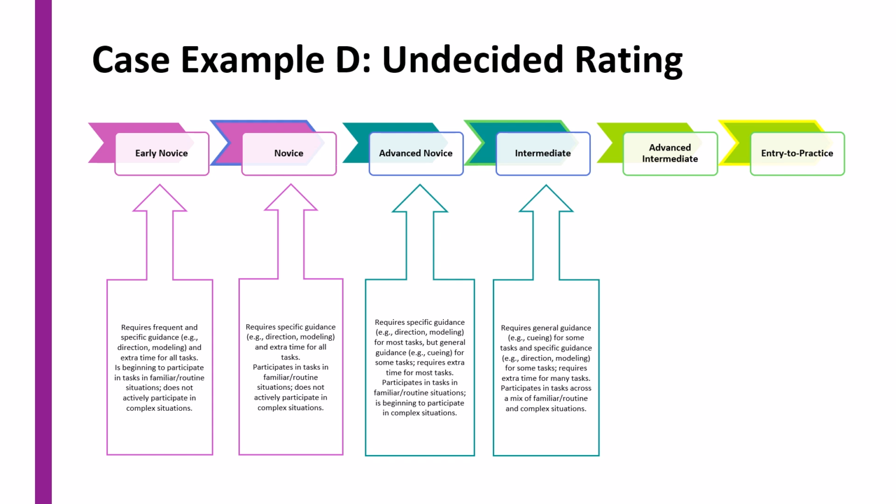But when you consider the high stress for only 50% of the caseload, an apparent inability to manage time, and missing deadlines, it would appear that the student requires frequent and specific guidance and extra time for many tasks that would lead to a much lower rating on the scale for this essential competency. This is a situation in which the milestones will be helpful and should be consulted for a final decision on a rating.